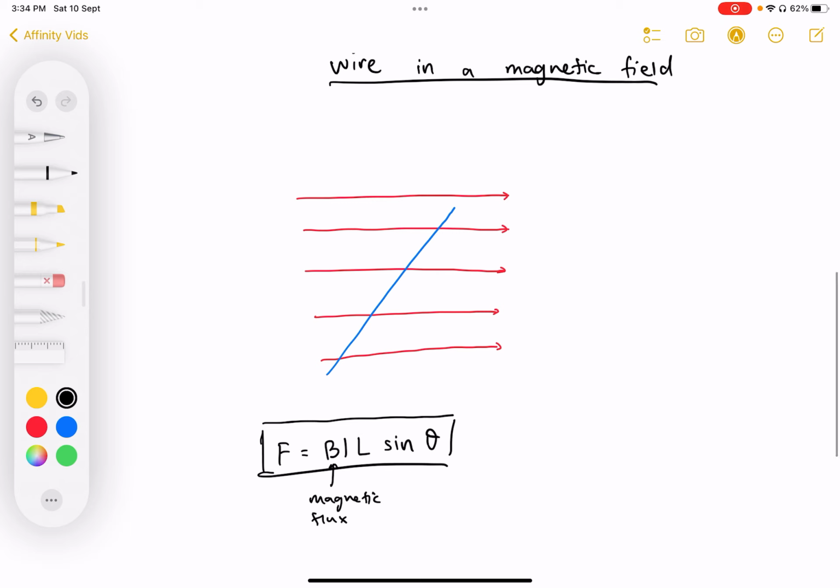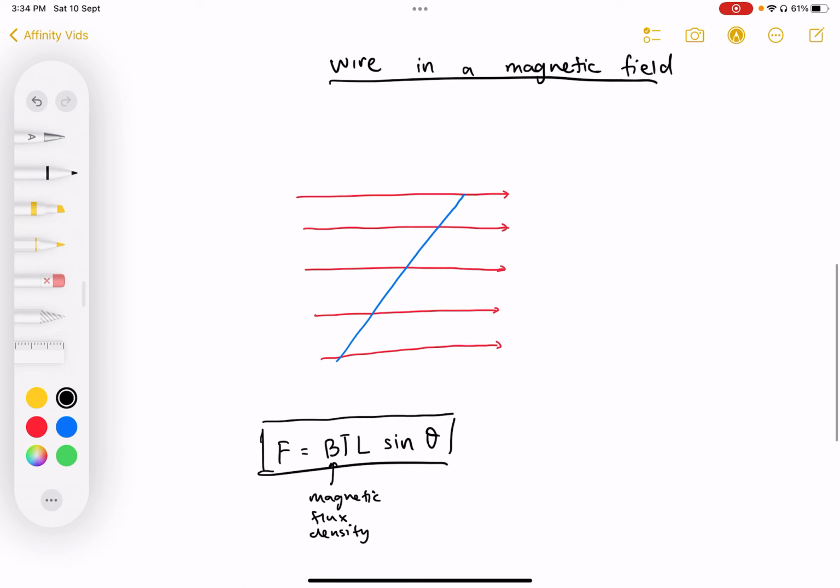This is just one of the properties of the magnetic field that you'll either be asked to calculate or be given. I, which we should be familiar with, is our current, specifically our conventional current flow. L is the length of the wire in the magnetic field.